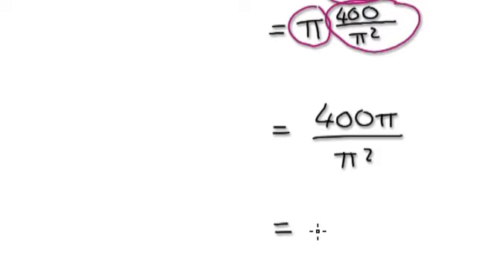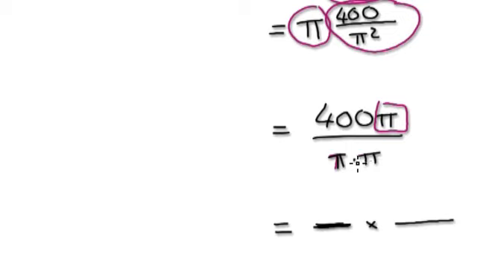Now here's a bit that most of you will probably get confused on. So let's split it up as 2 fractions. So you've got one fraction here, timesing another fraction here. So this side, I'm going to split this up. I'm going to visualize this as pi times pi.